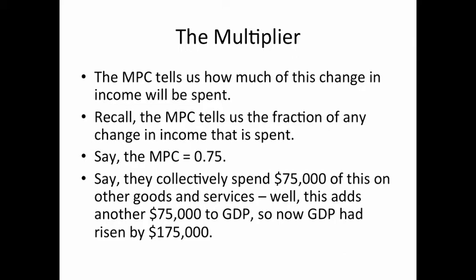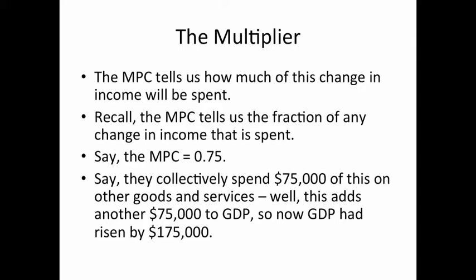So if firm B's income goes up by $100,000 and they spend 75% of that, then they'll turn around and spend $75,000 on other goods and services. So if the income of the owners and the workers at firm B goes up collectively by $100,000, we think they'll turn around and go and spend $75,000 of that increase in income on goods and services in the economy.